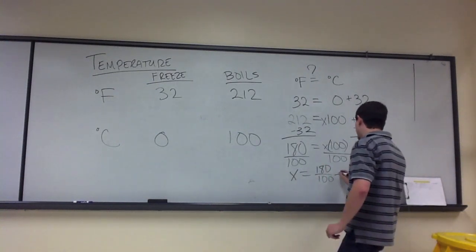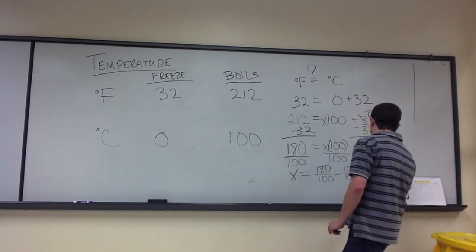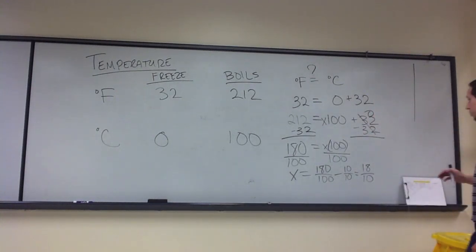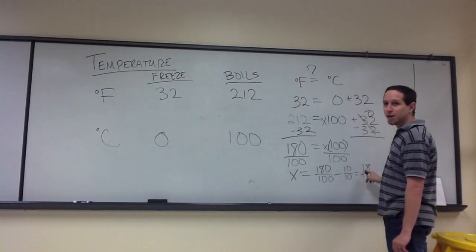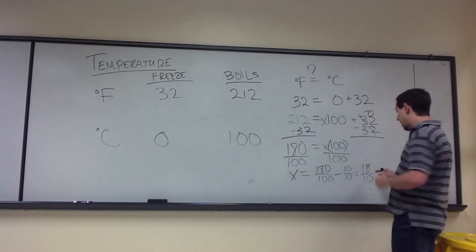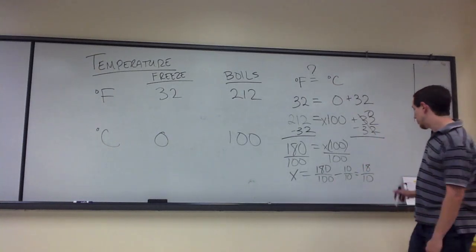So I can divide by 10 over 10, and that gives me 18 over 10. All right, so now I can't divide by 10 again, because that would give me 1.8 in my numerator. I don't want that. I want whole numbers. But I notice that both of these are even, so I can divide by 2.